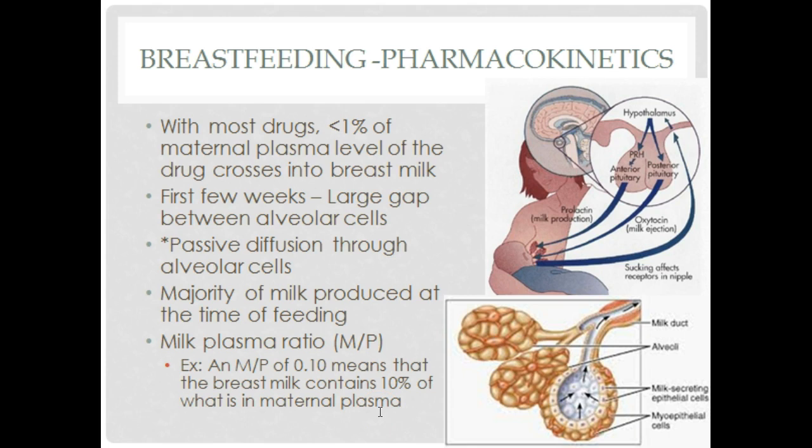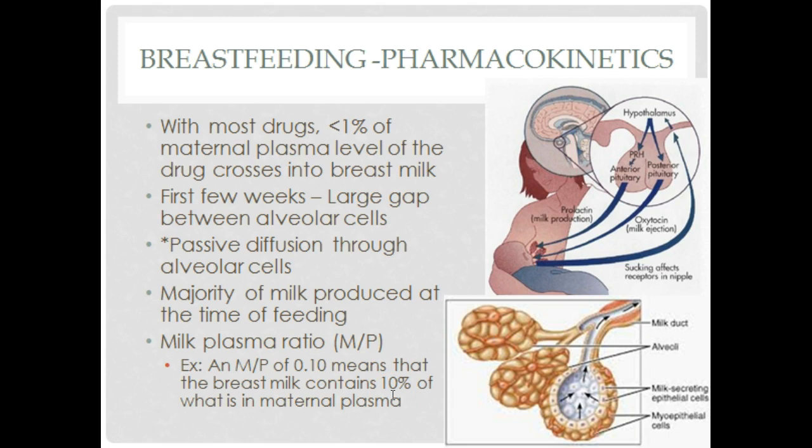If it's 0.5, then baby's getting half of whatever mom's getting. If what's in mom's bloodstream is 100%, this is saying, what percent of that ends up getting over to baby? So it doesn't really speak to safety at all.